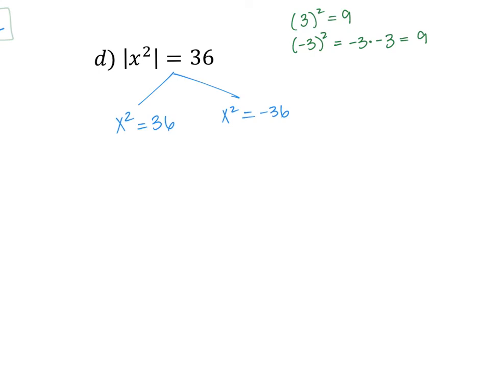So what I'm saying is anytime you have a negative number and you square it, you get a positive number. So there is no such thing as a negative number when you square it. If I were to square this x, I should always have a positive number. So in this case, this is false. There's no need to solve for it because this is not true, because all squared numbers give out a positive number.